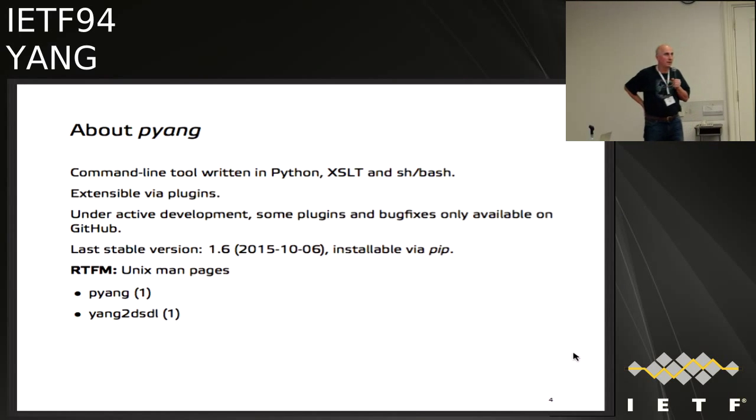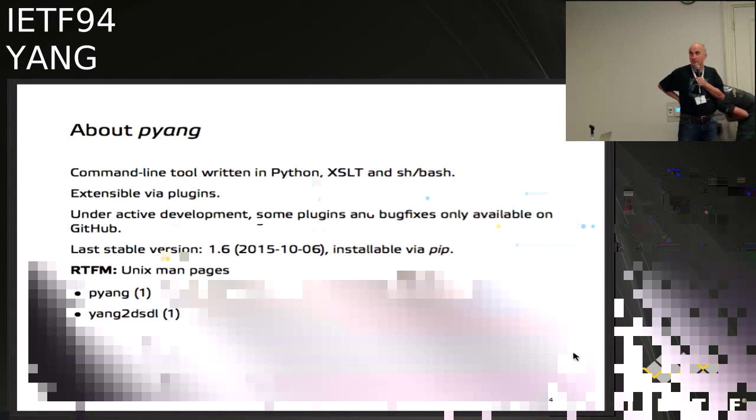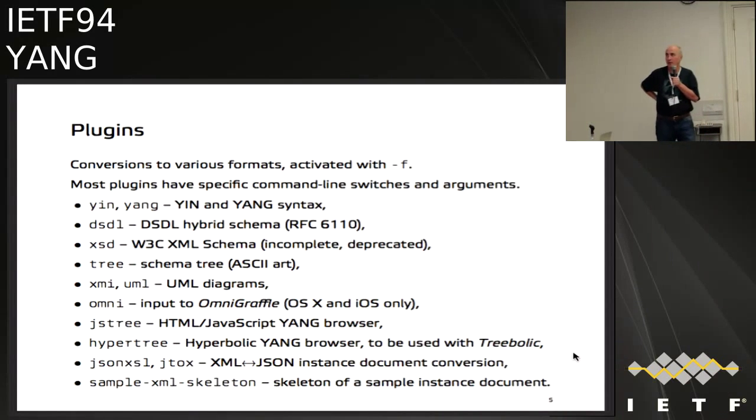Unix manual pages are part of the pyang distribution, so you can find all information about command line parameters from those manual pages. In particular, those two tools that I'm going to cover are described in manual pages. So here is a selection of interesting plugins that are part of the pyang distribution.